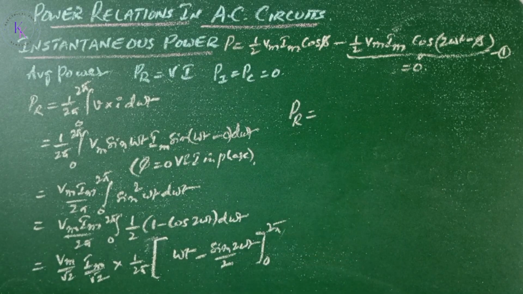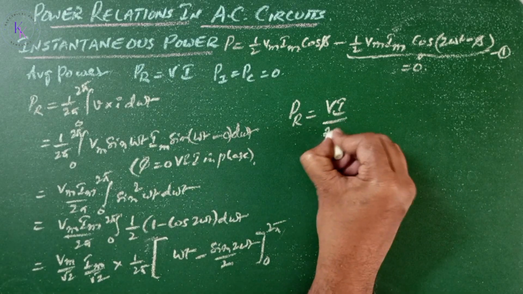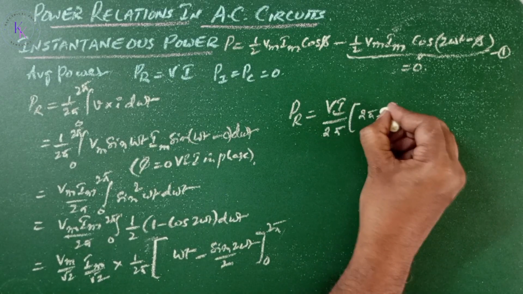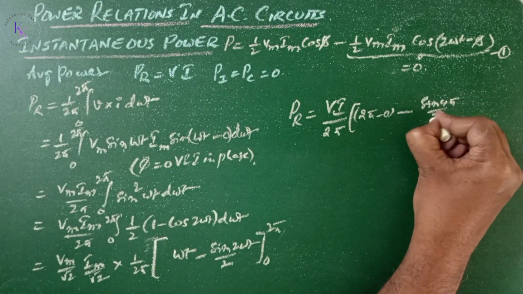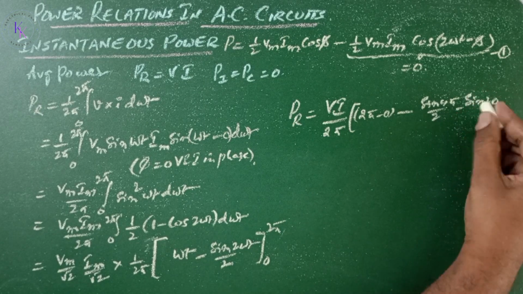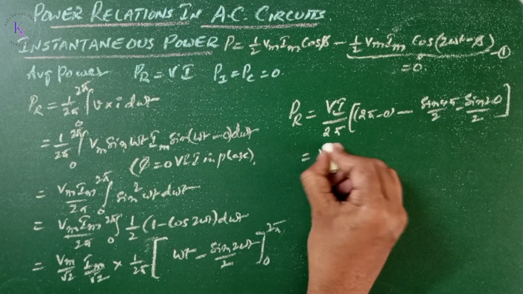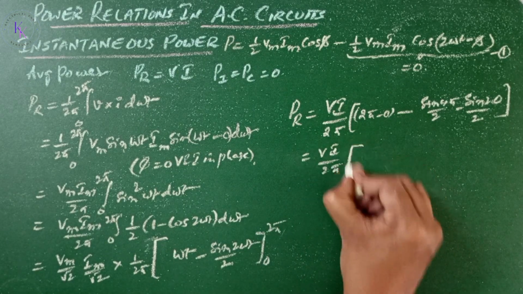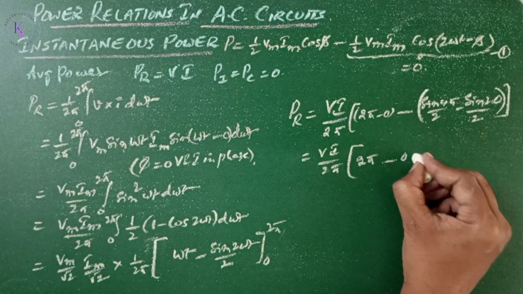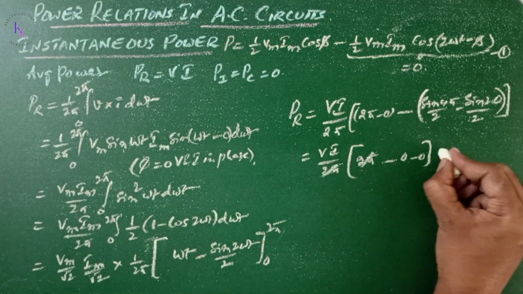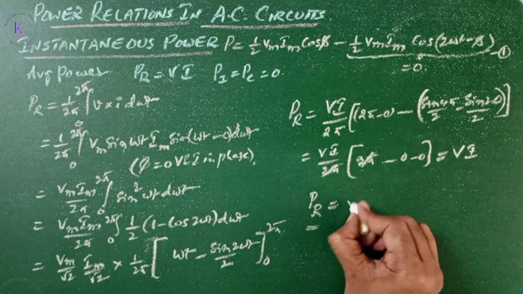Then the average power in the resistive network is given by VI by 2 pi times [2 pi minus 0 minus (sin 4 pi by 2 minus sin 0 by 2)], that equals VI by 2 pi of 2 pi, since this value is 0 and this value is also 0. Now we get VI. The average power for a resistive network is given by VI.